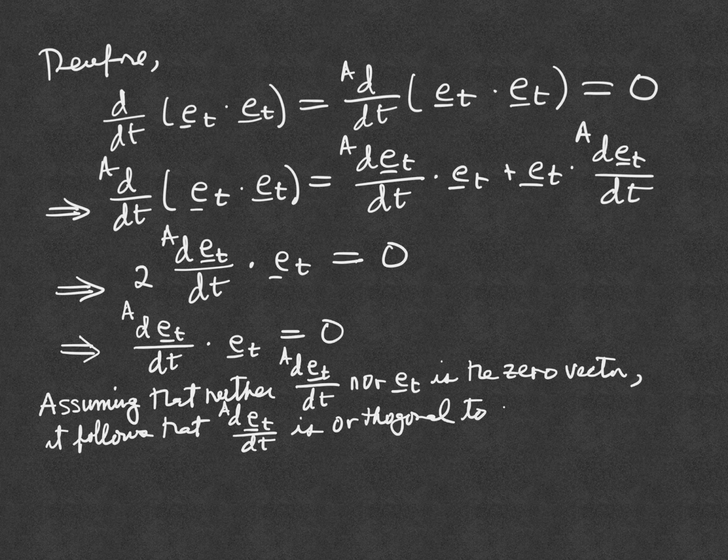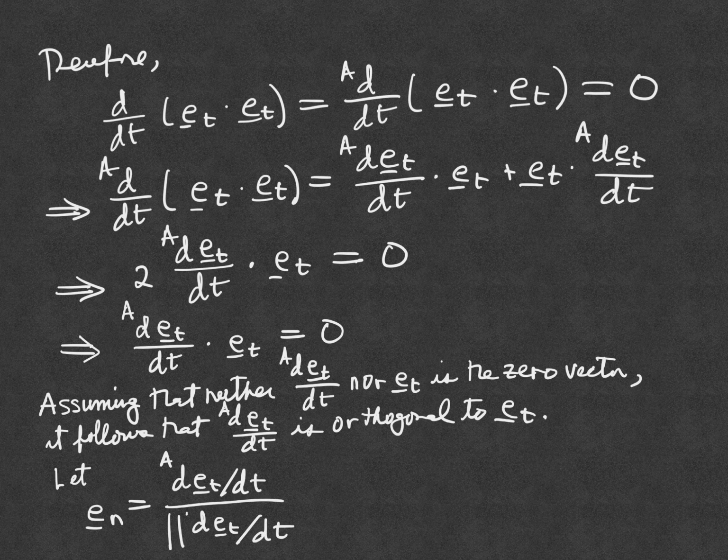Now, we're going to define the direction of det dt in A because now we know it's orthogonal to ET. We're going to let En equal det dt in A divided by its magnitude.